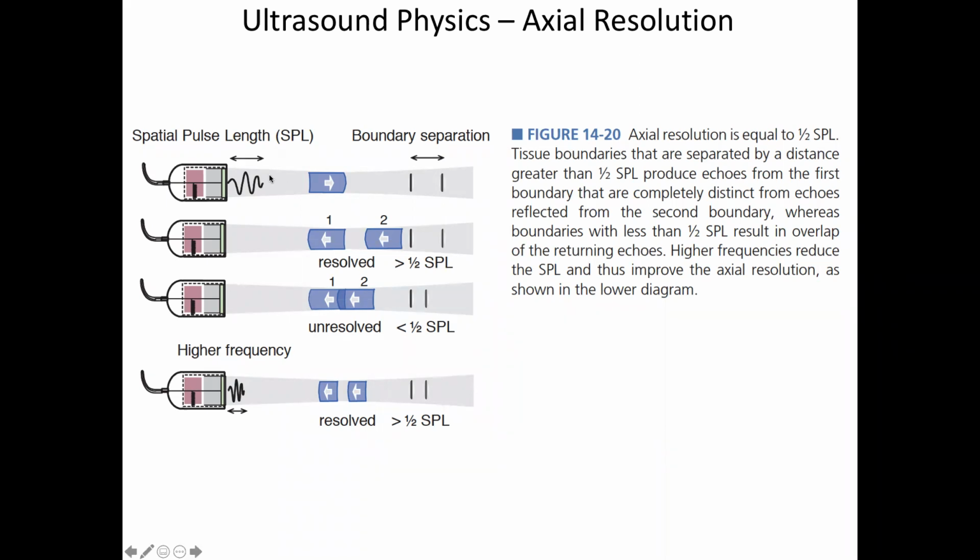If you don't have enough spatial resolution, you can increase the frequency of this pulse to have the same number of oscillations, peaks and troughs. Say we go from 1 to 2 megahertz and just cut it in half. Now I have a pulse that's half as wide, so my axial resolution will double, and I'll be able to resolve these. That's a very simple explanation of that.